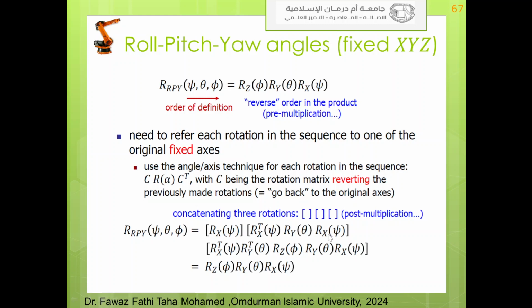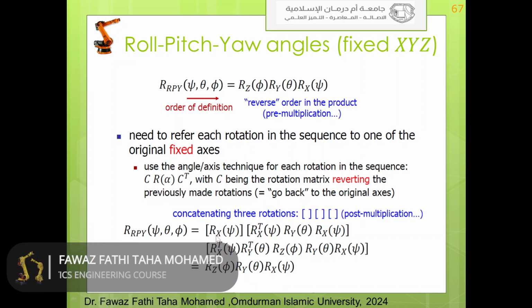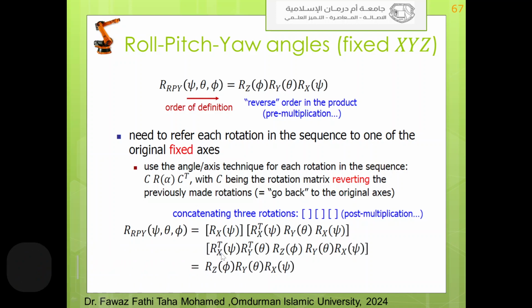So I have to revert any previously made rotations. Here we have Ry and Rx, because I made two rotations, Rx then Ry. So in order to revert it, I have to multiply Rx transpose with Ry transpose, Rz. After that, I have to cancel this term; I multiply by Ry Rx.